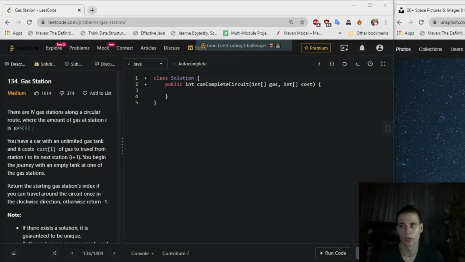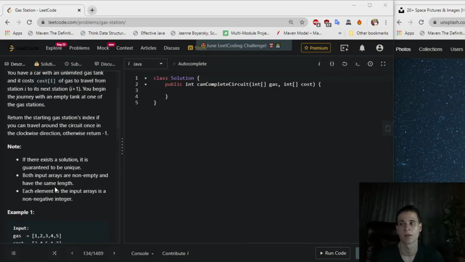You begin the journey with an empty tank at one of the gas stations. Return the starting gas station's index if you can travel around the circuit once in the clockwise direction. Otherwise, return -1. Note, if there exists a solution, it is guaranteed to be unique.